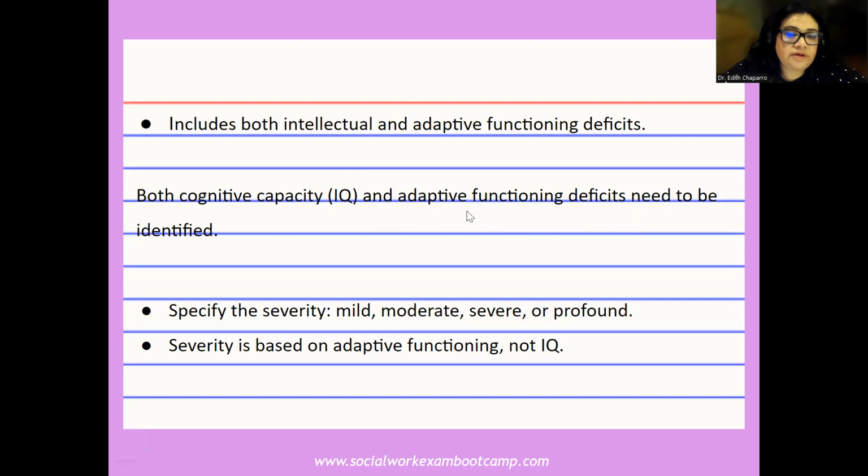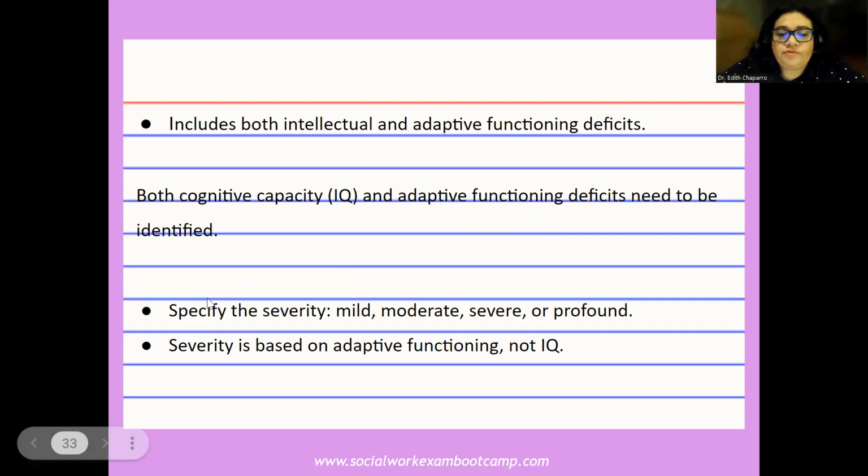How are they identified? You'd have to refer the client to a psychologist to get an IQ. And you can actually assess for adaptive functioning, and I'm going to show you how in part 3 of these videos. I'm going to have another last part where I show you measurement tools, so adaptive functioning will be in part 3 of this workshop video series.